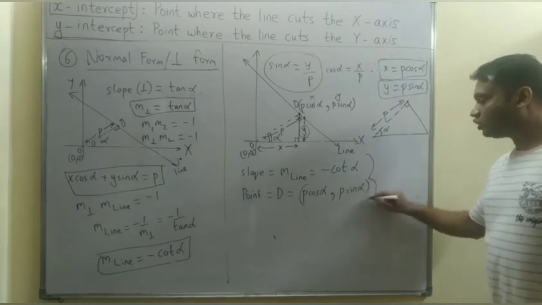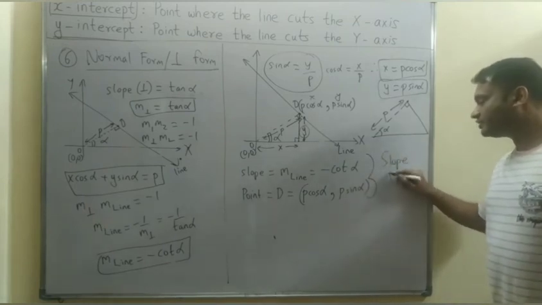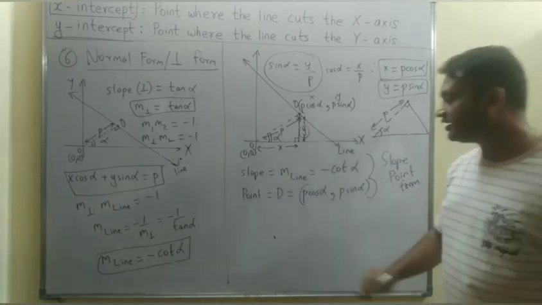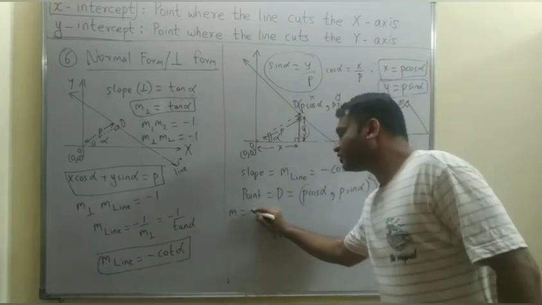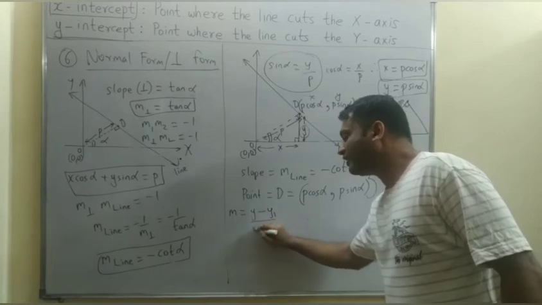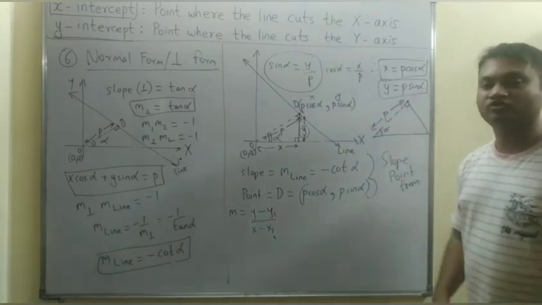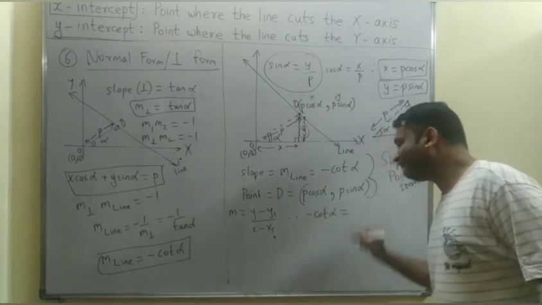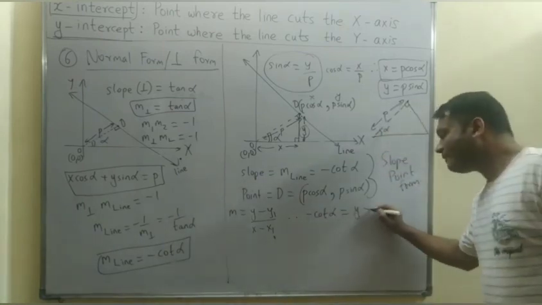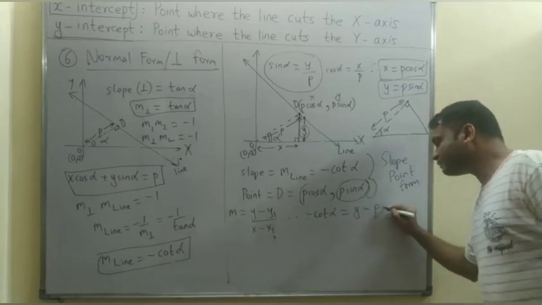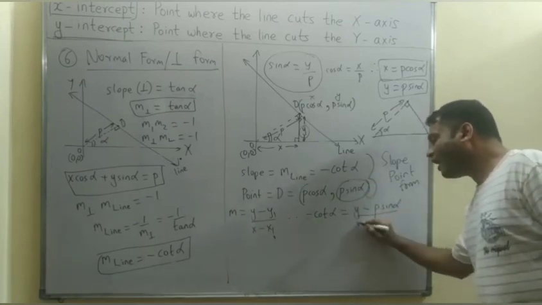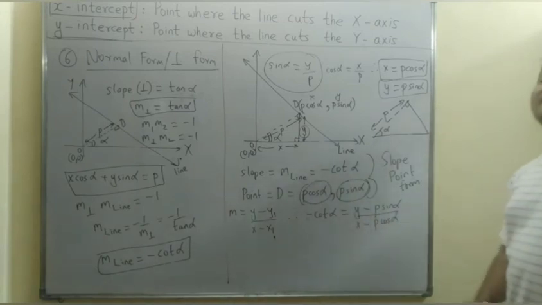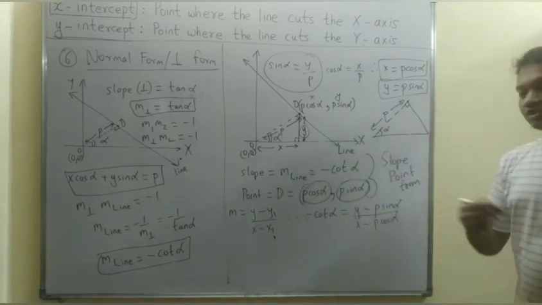So let us use slope point form. What is slope point form? We have already studied it. It is m is equal to y minus y1 upon x minus x1. So here the slope of the line is minus cot alpha. This equals y minus y1, which is p sine alpha, upon x minus x1, which is p cos alpha. Let us now cross multiply.